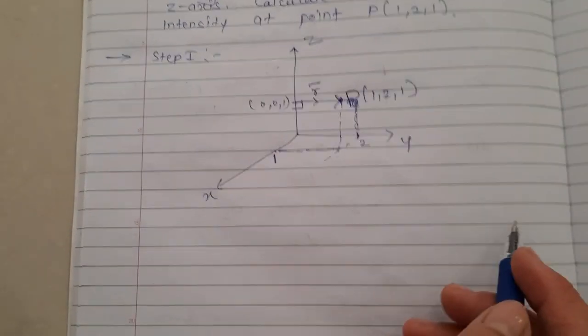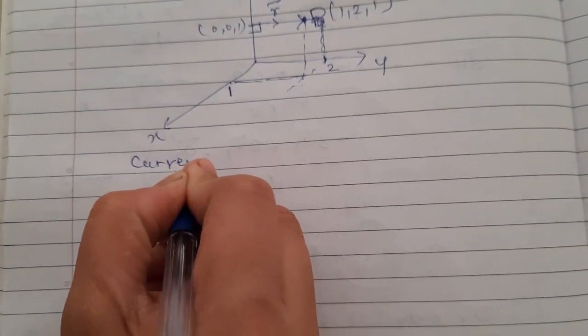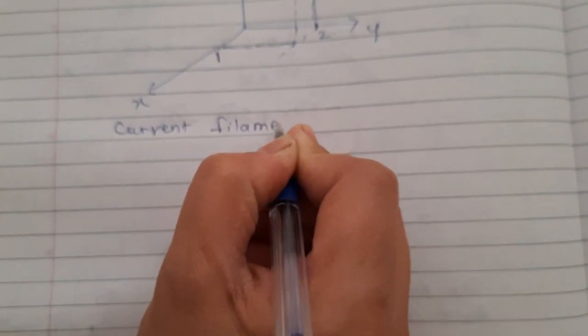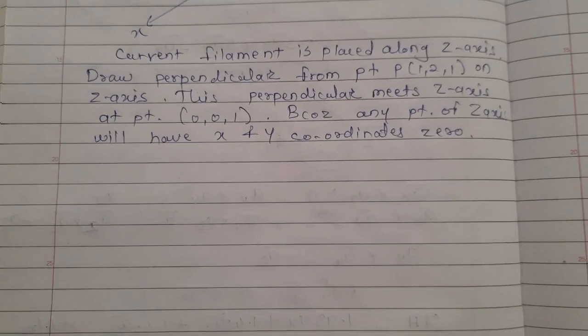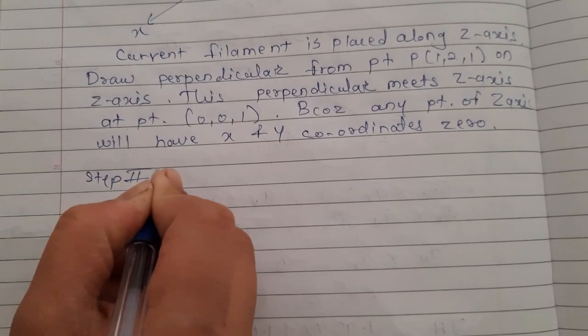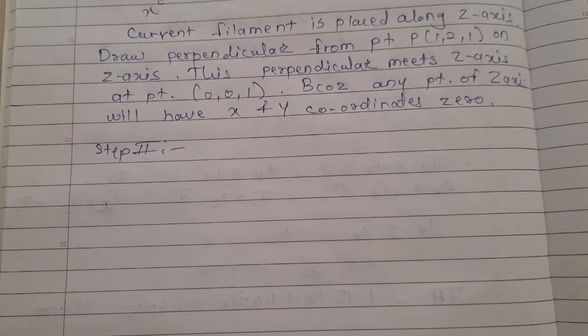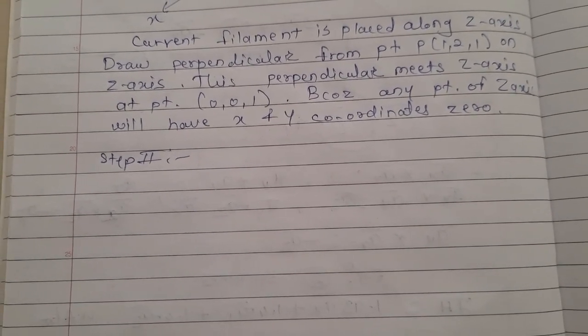So this perpendicular meets the z-axis at a point. We write here. So step 2, the vector R bar is drawn from point (0, 0, 1) to point P(1, 2, 1).